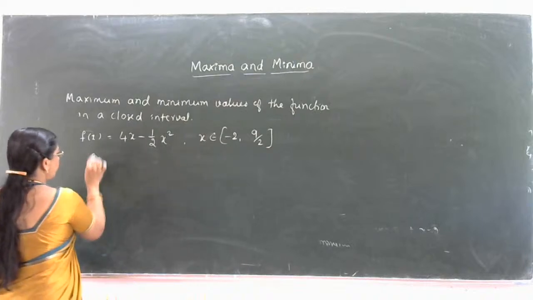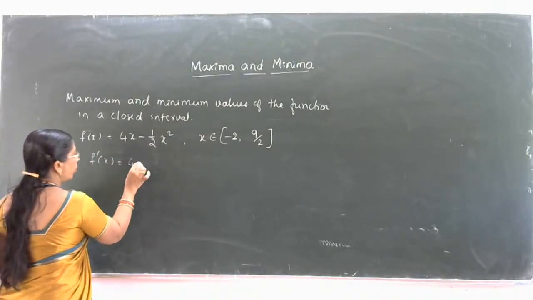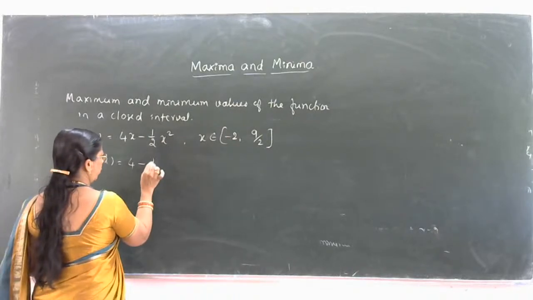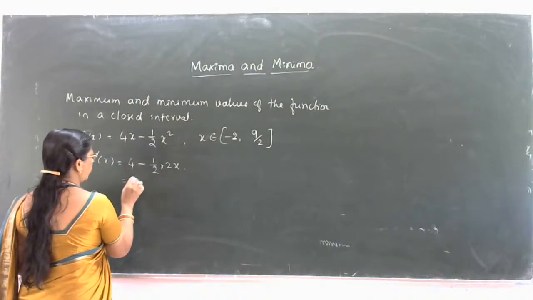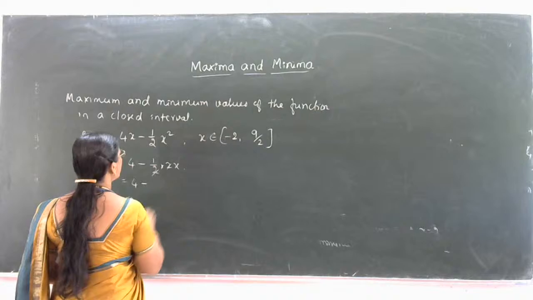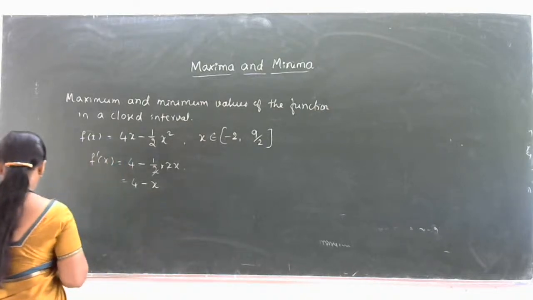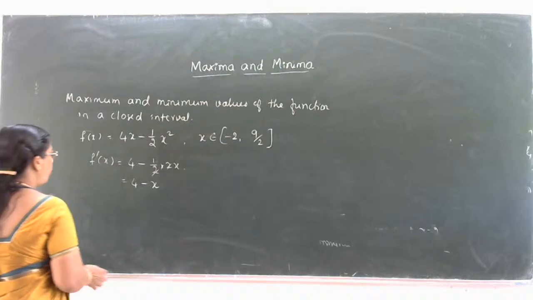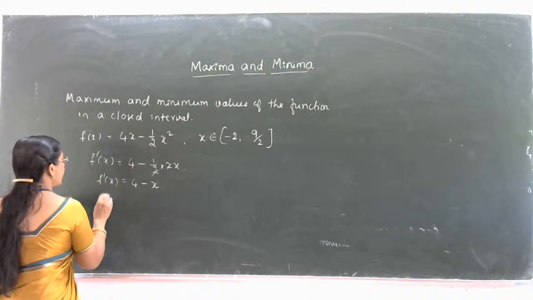Here, first we find f dash x, which is equal to 4 minus 2 into 1 by 2 into 2x, which is equal to 4 minus x.